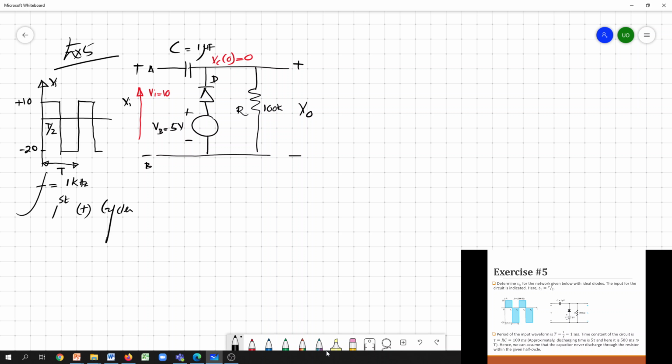Now we should find whether this diode is conducting or forward biased, or what happens to the circuit. Initially VC(0) is 0.